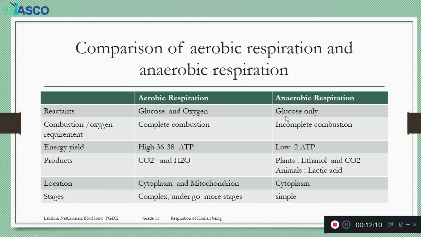In anaerobic respiration, the reactant is glucose only; no oxygen is needed. Therefore, we can say incomplete combustion, producing very low energy, yielding 2 ATP. In plants, it produces ethanol and carbon dioxide. In animals, lactic acid and energy. It happens in the cytoplasm, and compared to aerobic respiration, it is simple.